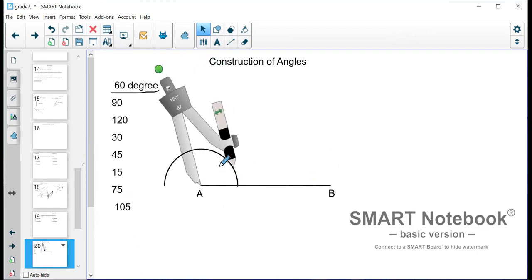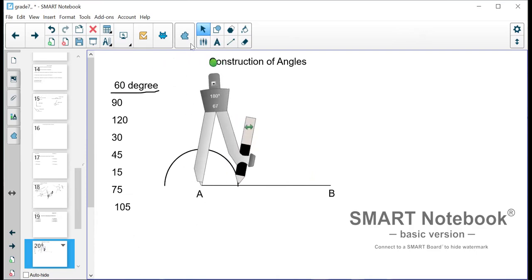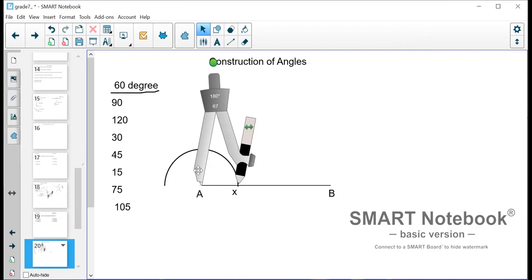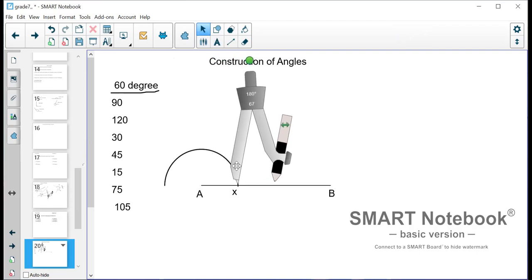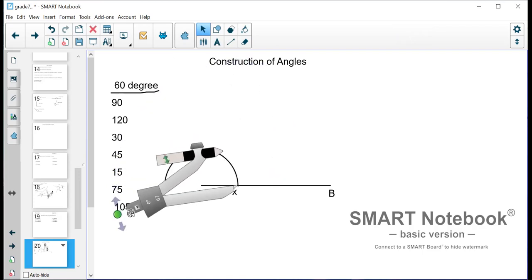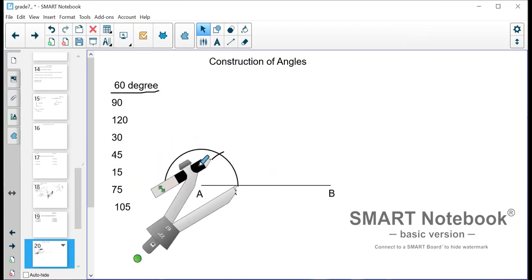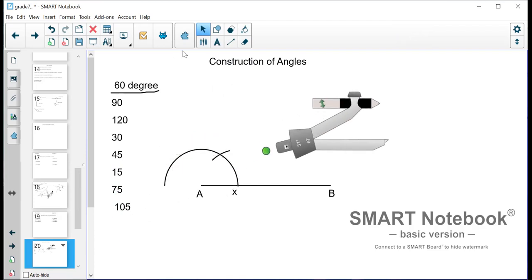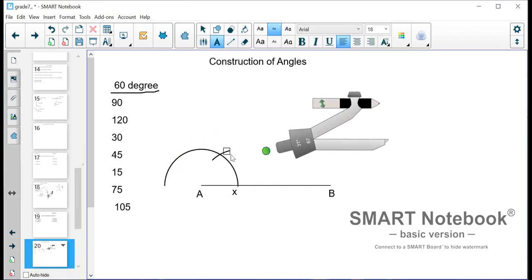When you finish that, let's label this part X. Then with the same length, you go to X and scribe an arc to intersect the first one that you scribed just now. And we label that point Y.